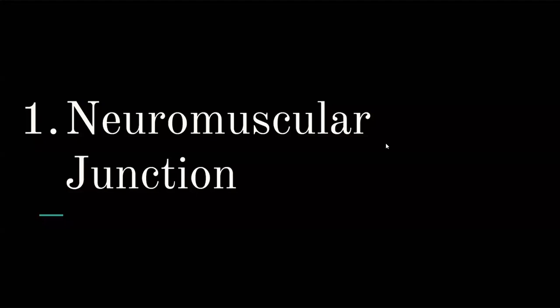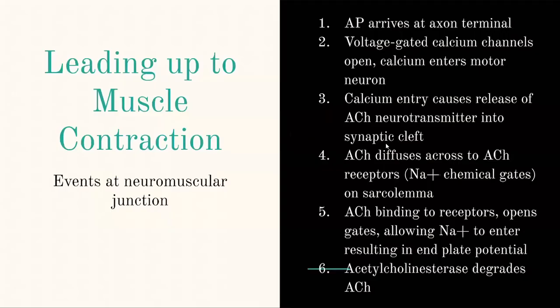So starting with the neuromuscular junction, here are the 6 major steps. First, the action potential arrives at the axon terminal. The voltage gated calcium channels open, allowing more calcium to enter the axon terminal. The entry of calcium allows the synaptic vesicles to release the neurotransmitters.